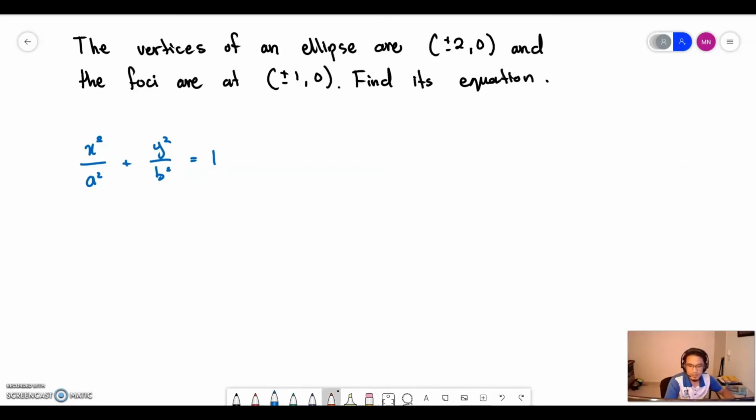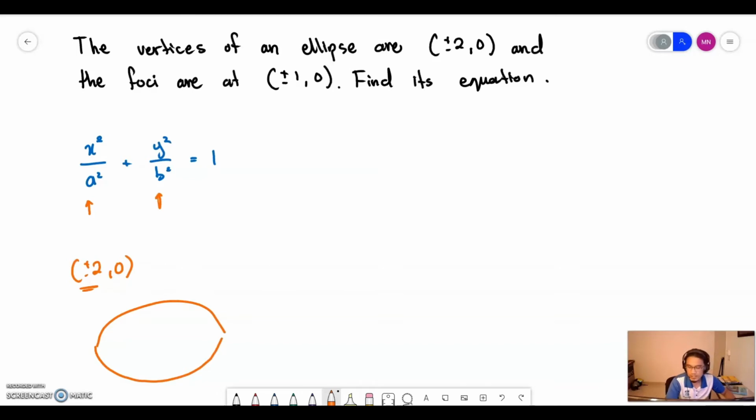So what we need to do is to find the value of a and the value of b. Given that the vertices of an ellipse are positive and negative 2, 0, we can see positive and negative 2 is the coordinate for x. This is the x-axis.